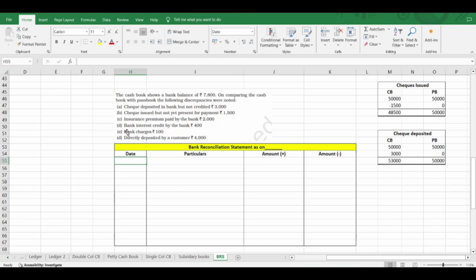Point D, bank interest credited by the bank, rupees 400. Point E, bank charges, rupees 100. Point F, directly deposited by customer, rupees 4,000. So let's analyze the transactions and record them in our bank reconciliation statement.